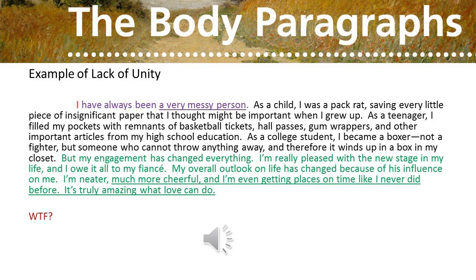Okay, that is another example of being messy. As a college student, I became a boxer, not a fighter, but someone who can't throw anything away, and therefore it winds up in a box in my closet. Okay, we're seeing so far details that show somebody who collects a lot of junk, and this junk creates mess.